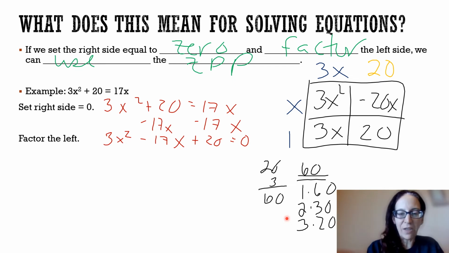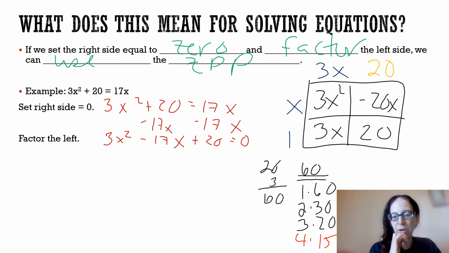What I did was this. I said, well, maybe 3 times 20 isn't the right combination. Maybe I need something else. So I started to say, okay, well, we could have 4 times 15. That does not give me a 15.